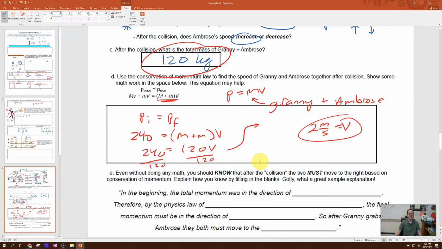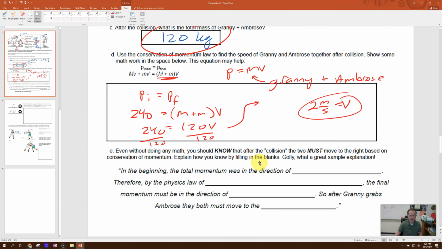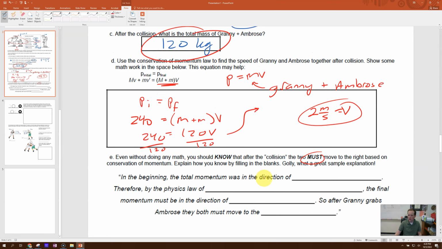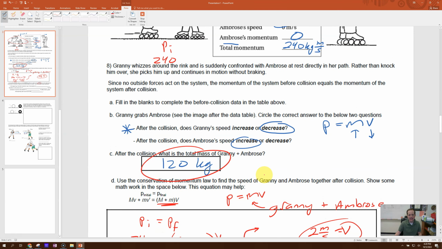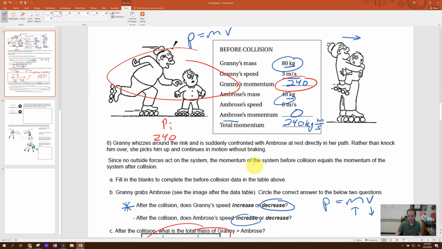Okay? Letter E says, even without doing any math, you know that after the collision, the two must, and I highlight that, I emphasize that, must be moving to the right. How can I answer that? Okay, let's try. In the beginning, the total momentum was in the direction of, what was it? In the beginning, the total momentum was what direction?